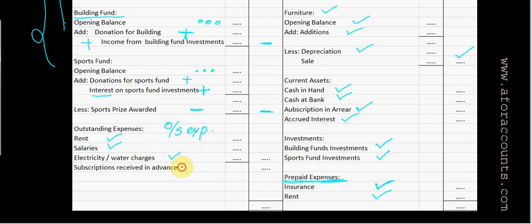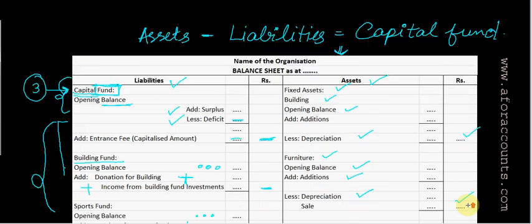Subscriptions received in advance: now subscription is actually my income, but when it is received in advance it becomes a liability. Okay, so that has to be brought out here, and this is how we plot a balance sheet of a not-for-profit organization. Remember the third point: you will not write it as capital, you will write it as capital fund.